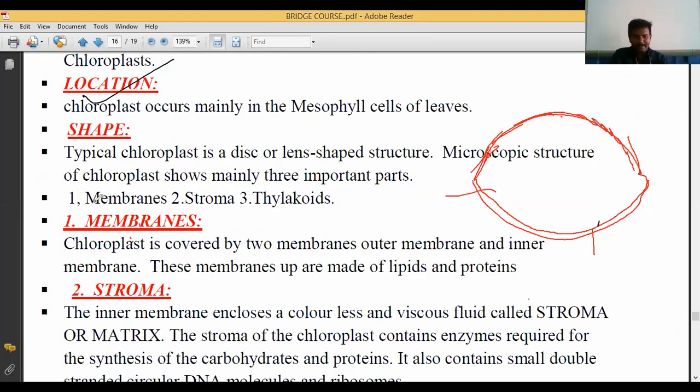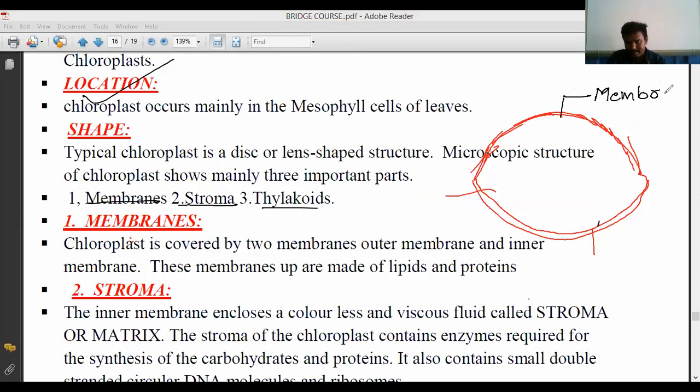See here, membranes, stroma, and thylakoid. These are called membranes. This is called stroma.